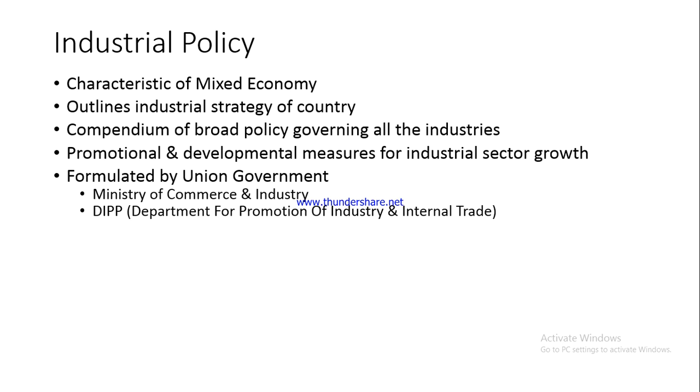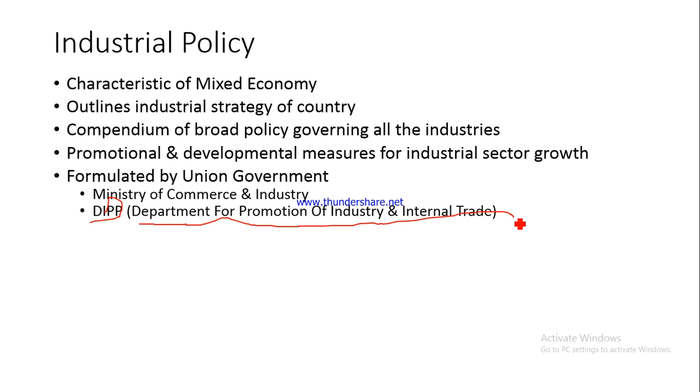Then within the Ministry of Commerce and Industry, we have a particular department. Earlier the department was called the DIPP, the Department of Industrial Policy and Promotion. However, now there has been a slight change in the nomenclature. The name now is Department for Promotion of Industry and International Trade, DPIIT, and this change has taken place only a few months ago.